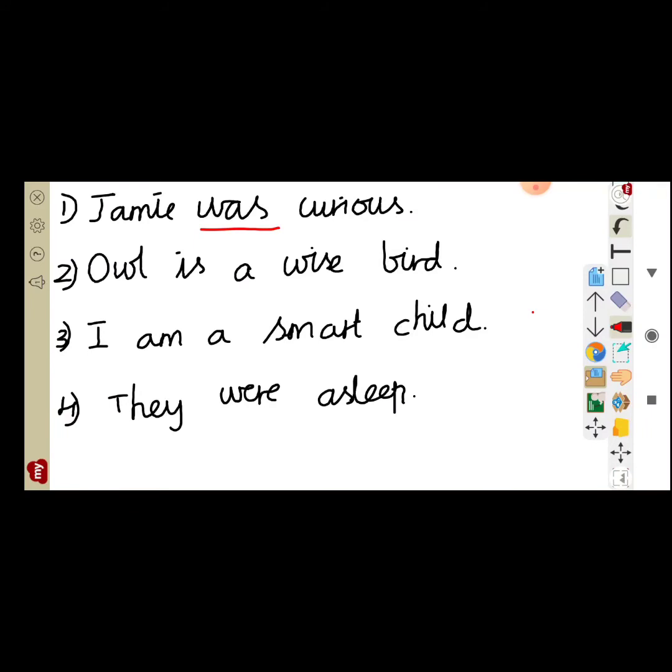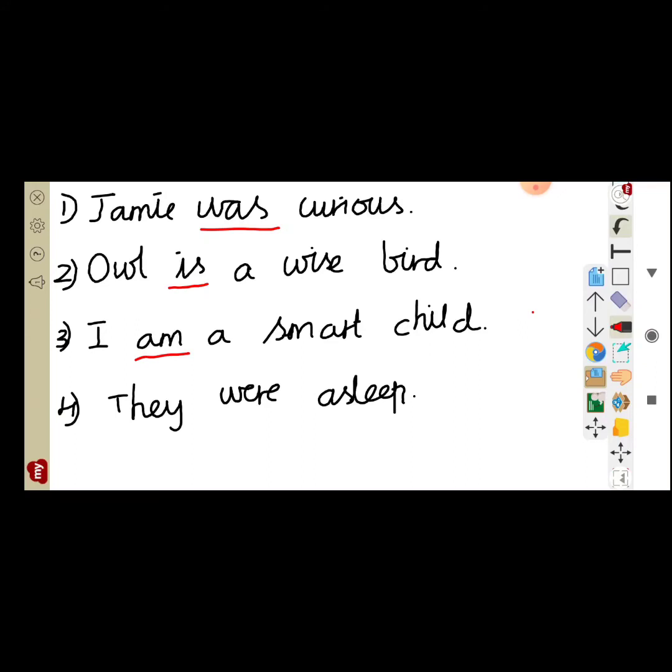So my next example is owl is a wise bird. In the sentence, is is a being verb. The next sentence, I am a smart child. In the sentence, am is a being verb. In my last example, they were asleep.